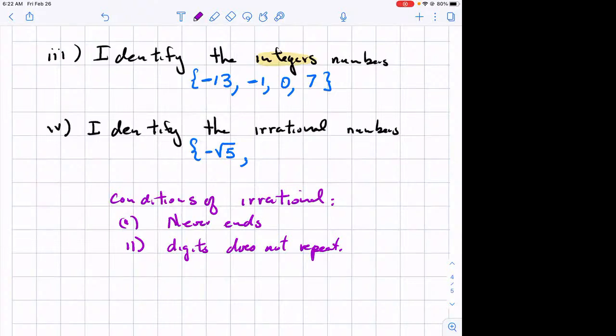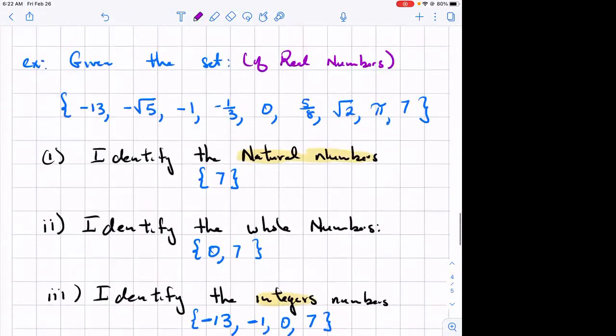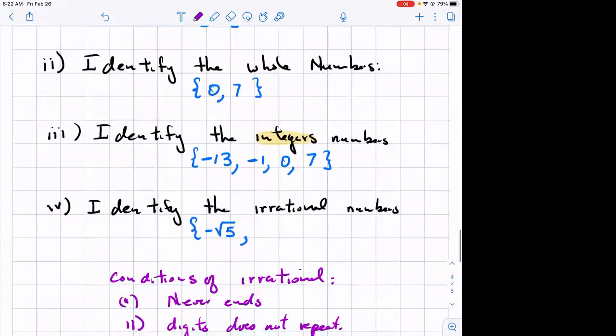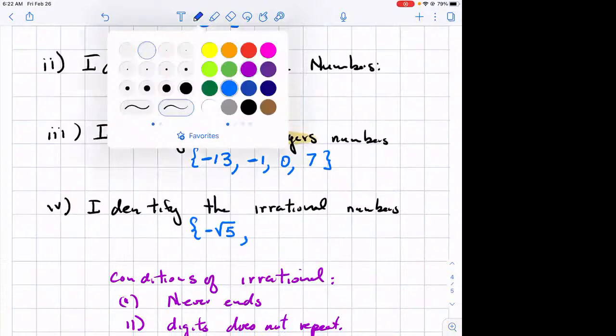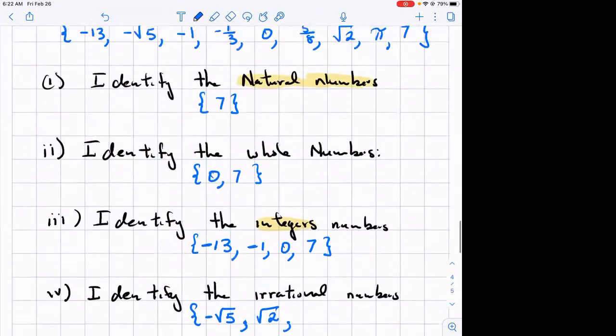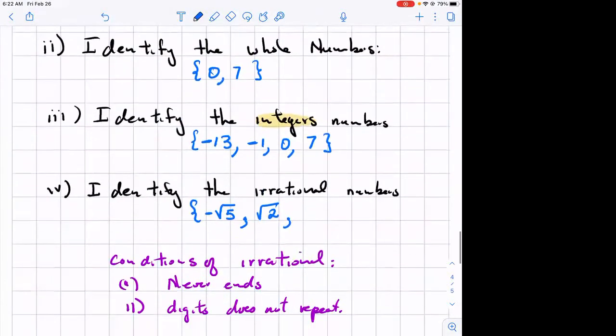If you look back at our list, 1/3 repeats. 0 ends. 5/8 will end. Square root of 2 does not end, so the square root of 2 happens to be irrational, and pi is also irrational. So from my given list, those are the 3 irrational numbers.